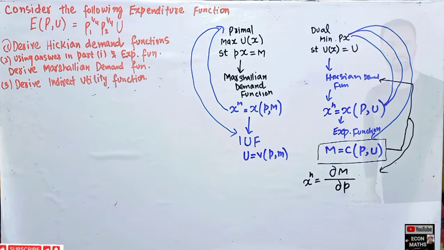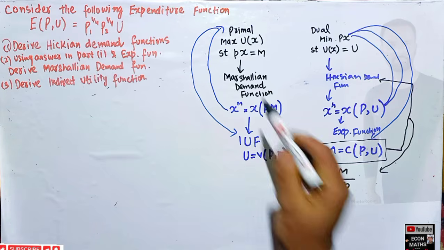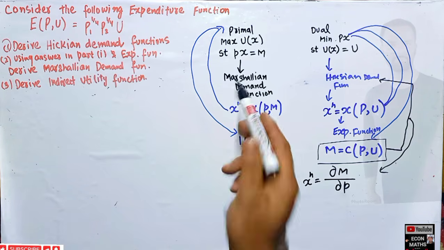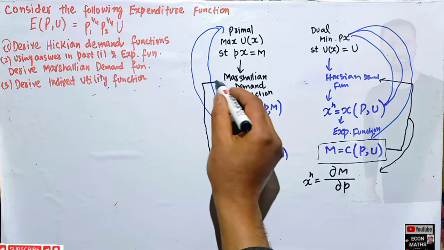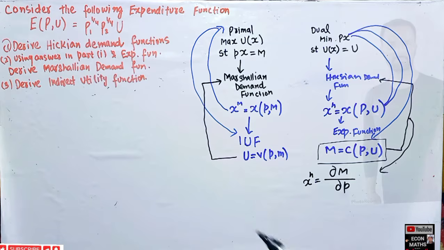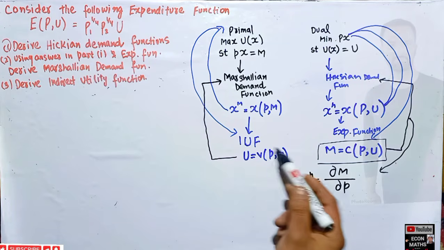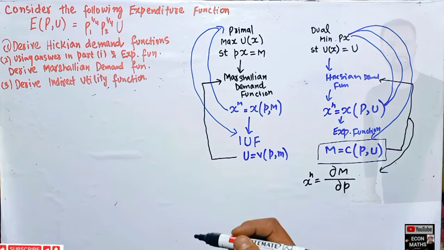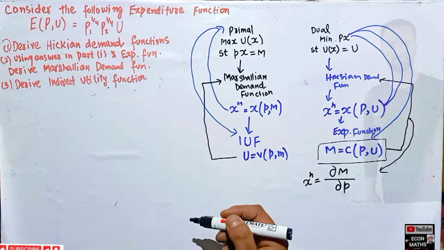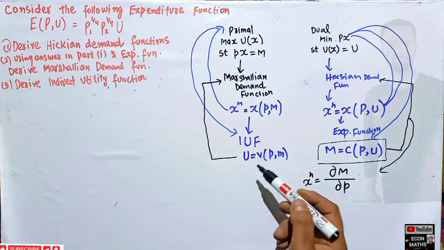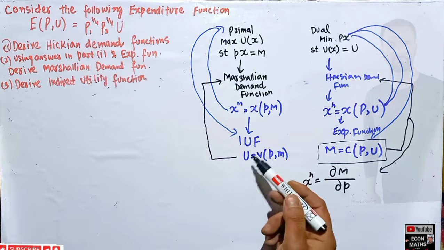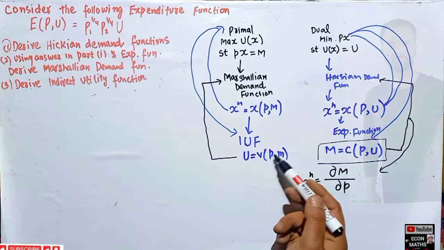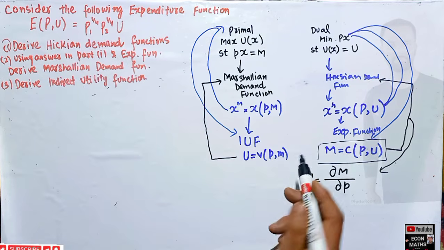Also here, to get the Marshallian demand function, we need to differentiate this indirect utility function with respect to price, and divide it by the partial derivative of this indirect utility function with respect to income.